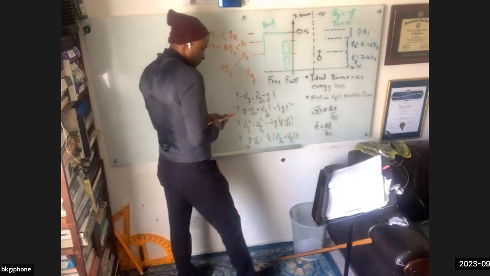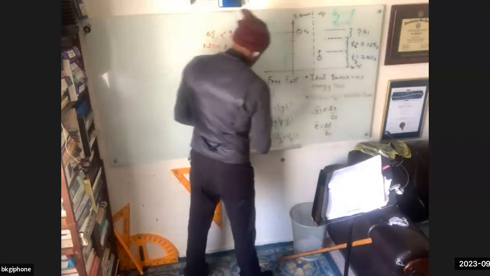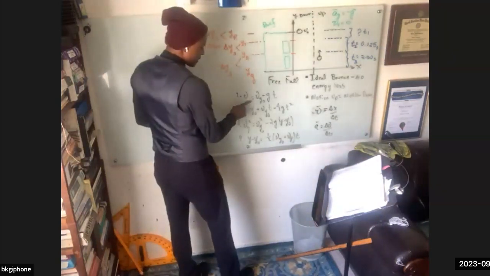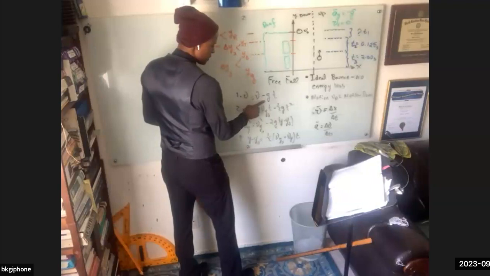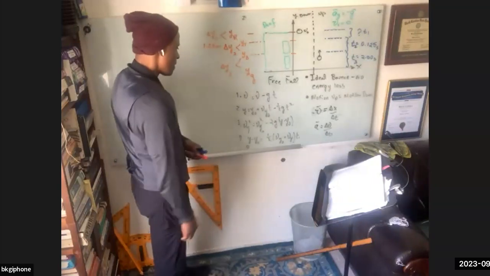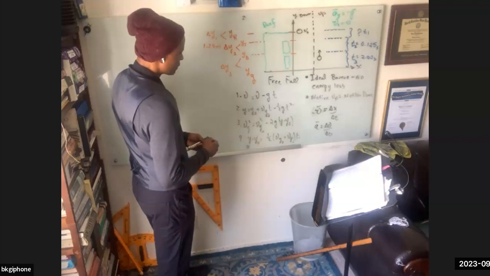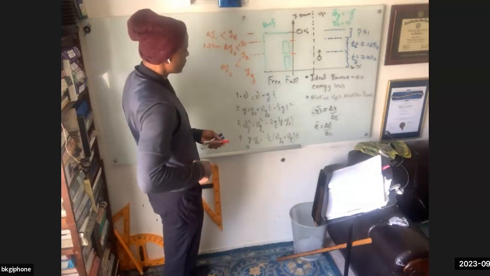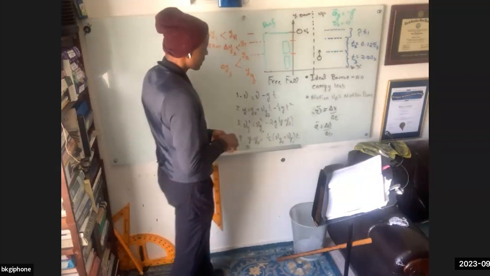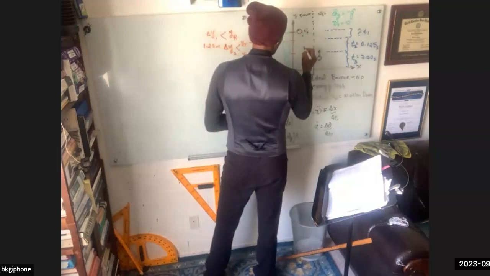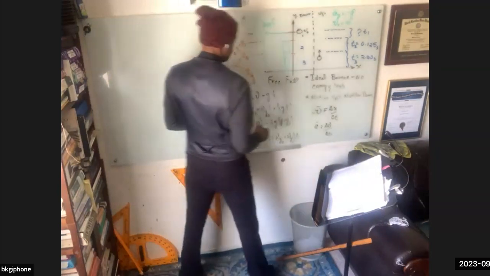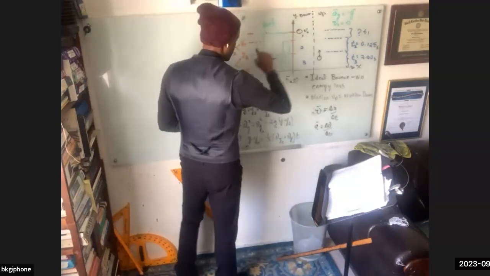I won't need the subscripts y because we know that it's in the y direction. I'm going to make them specific to the different sections 1, 2, and 3. So this is section 1, section 2, and section 3. So let's do section 2 right now.